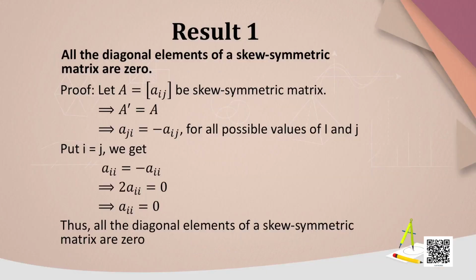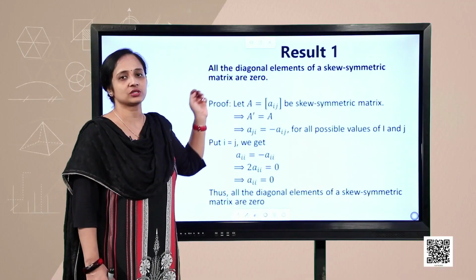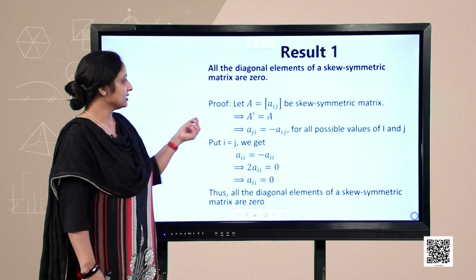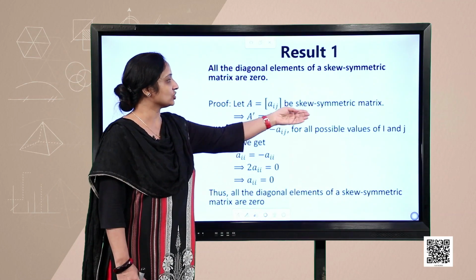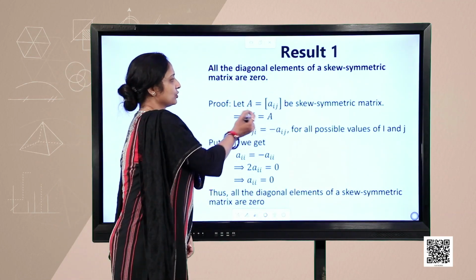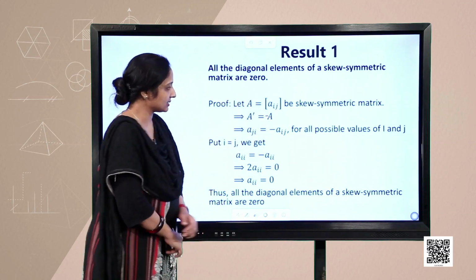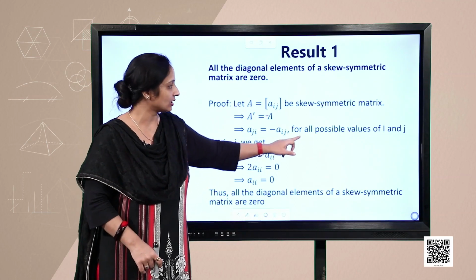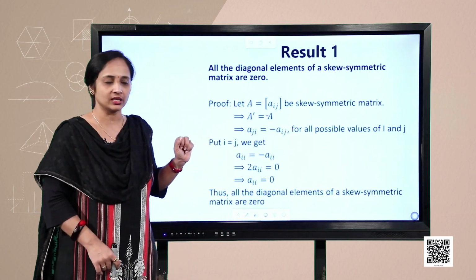So that leads us to one more very major property, that all the diagonal elements of a skew symmetric matrix are 0. How can you show that? So let's take [aij] as a skew symmetric matrix. That means A transpose must be equal to minus A. That means [aji] is equal to minus [aij] for all the possible values of i and j.